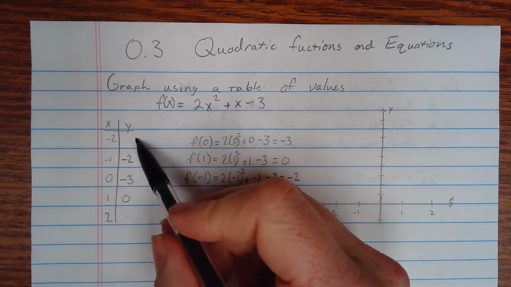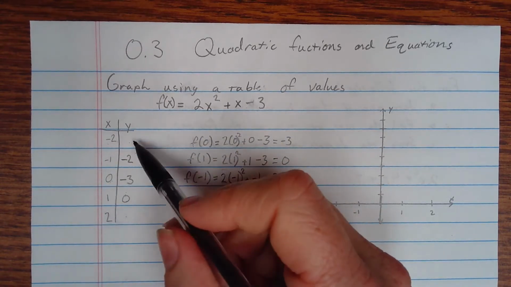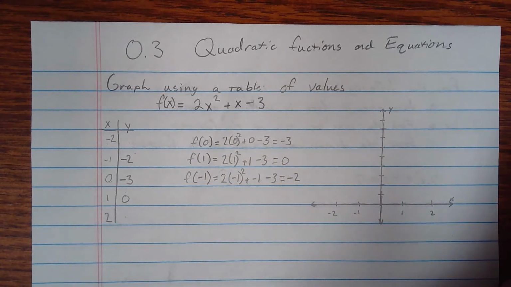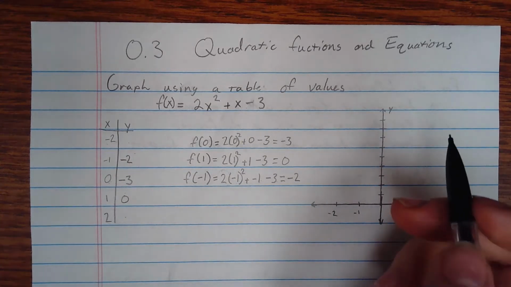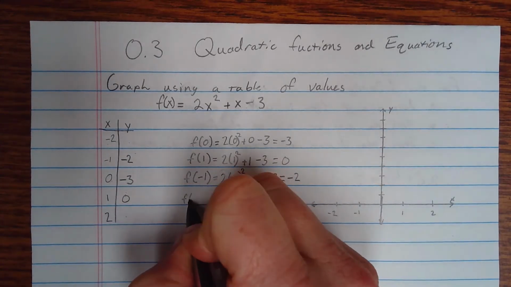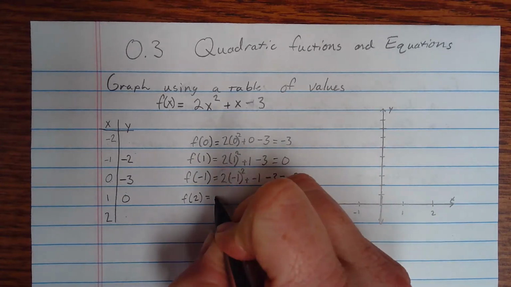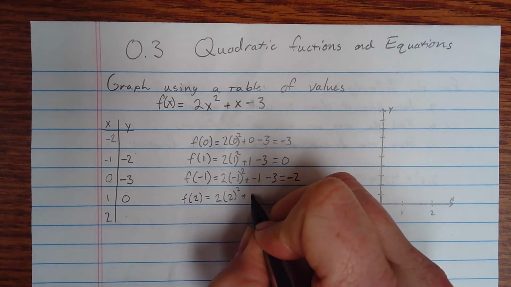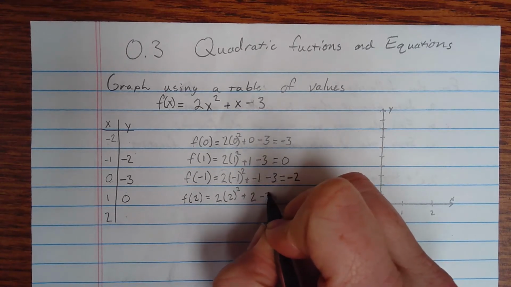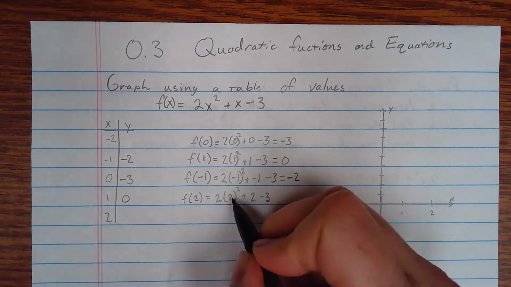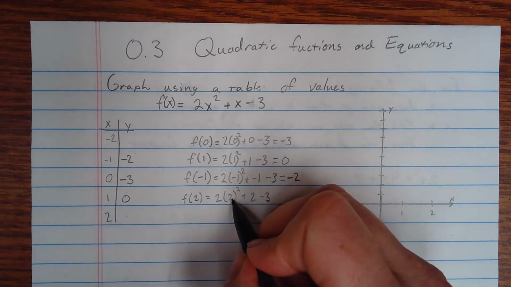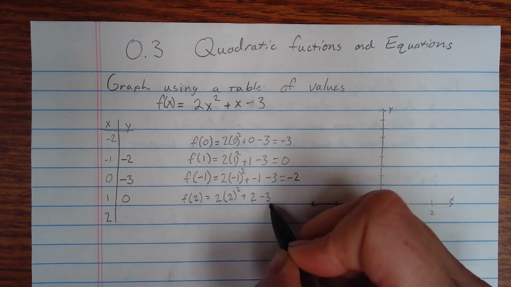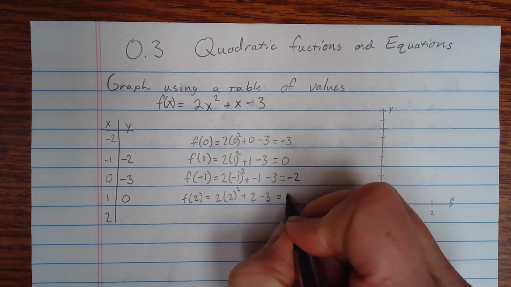As you can see, these values are not repeating back and forth, and that's okay, they don't have to. Some of them, if they're really nice and pretty, will do that, but doesn't mean that they all will. F of 2 equals 2 times 2 squared plus 2 minus 3. So 2 times 2 squared, 2 times 2 is 4, times 2 is 8, plus 2 is 10, minus 3 will give me 7.